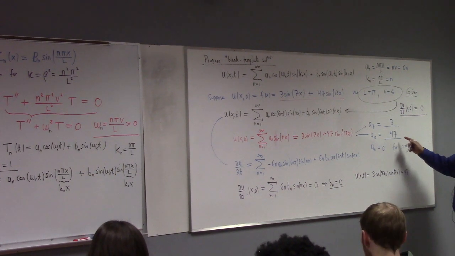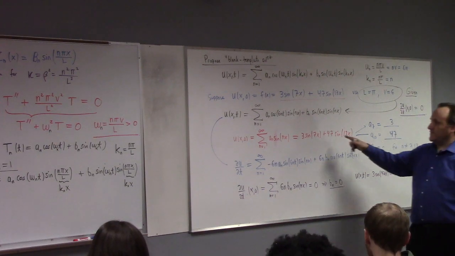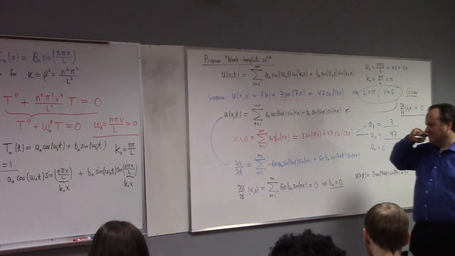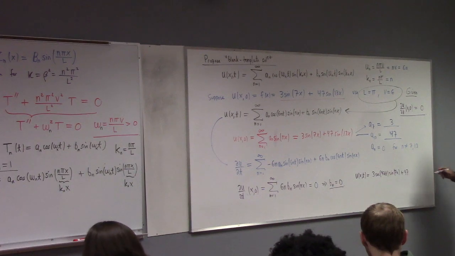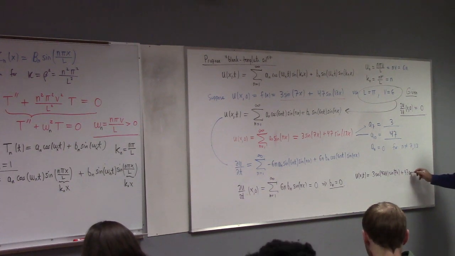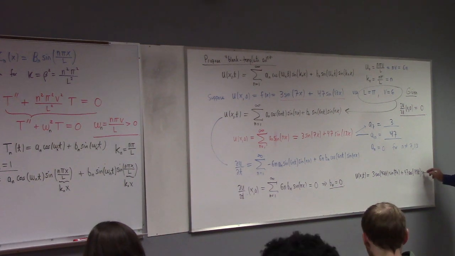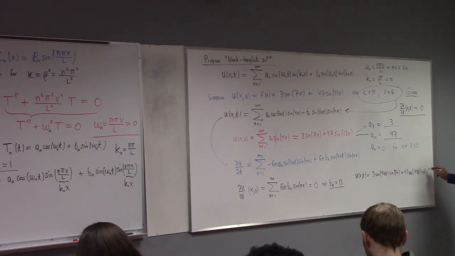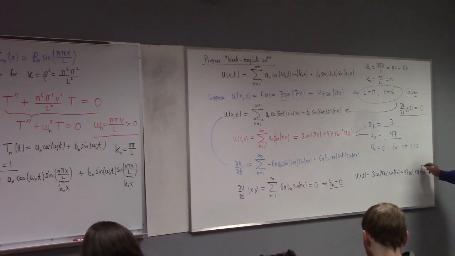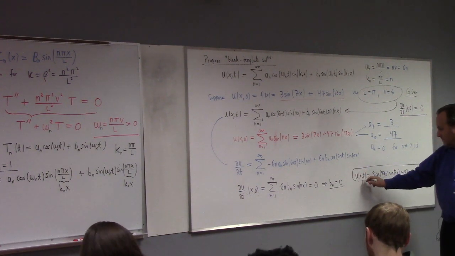So what's 13? N equals 13. 13 times 6. All right, I'll allow it. Cosine of 78t. Right? And then you've got your sine of 13x. And that is the solution to the wave equation.